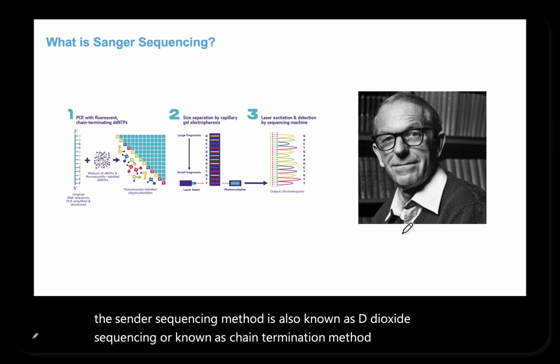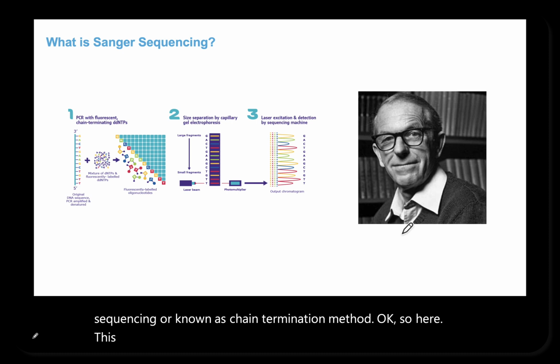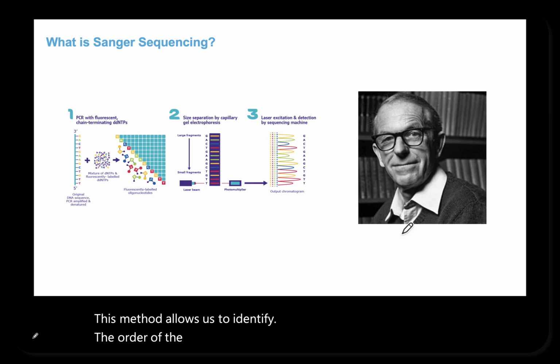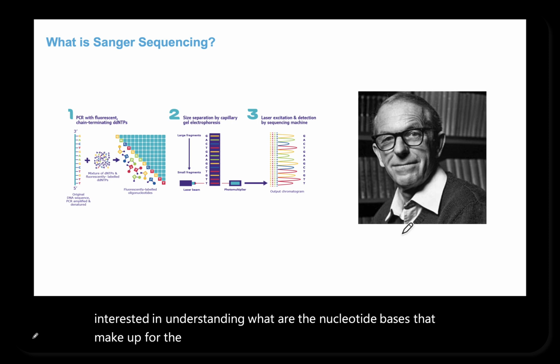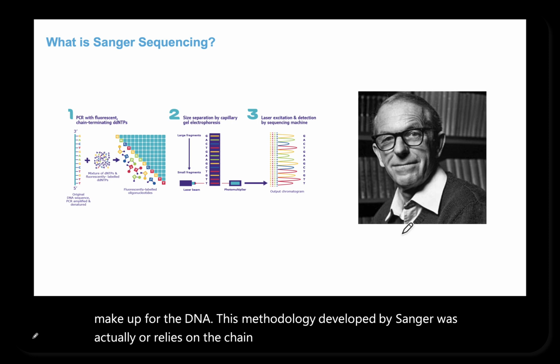Okay, so here this method allows us to identify the order of the nucleotides in the DNA. Like I said, we are interested in understanding what are the nucleotide bases that make up for the DNA. This methodology developed by Sanger relies on the chain termination by modified nucleotides.